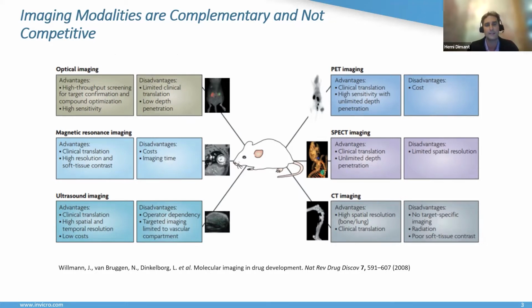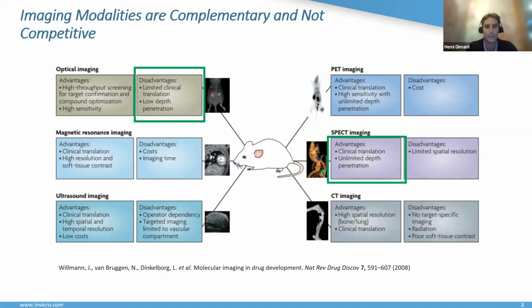In many cases, they're not competitive. They're really complementary. So you can answer one scientific question with one imaging modality, but not another. And then you can potentially include another imaging modality to answer that question, which you cannot with the other.